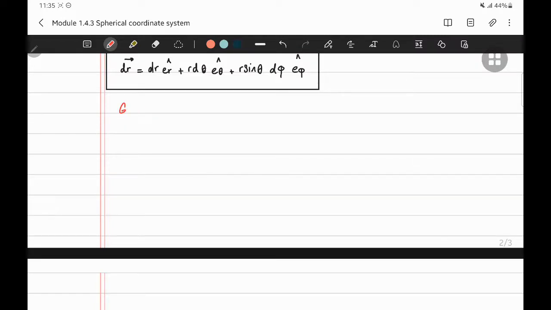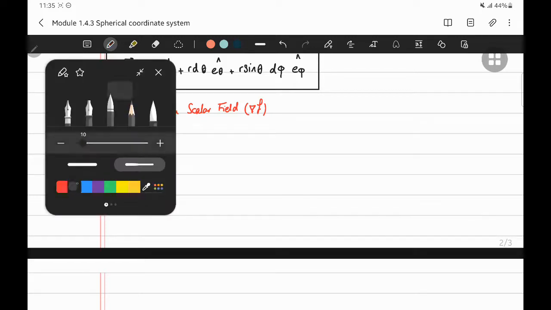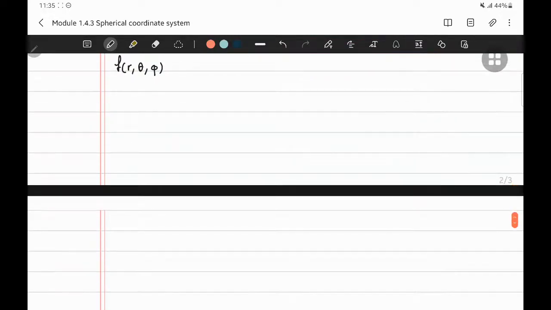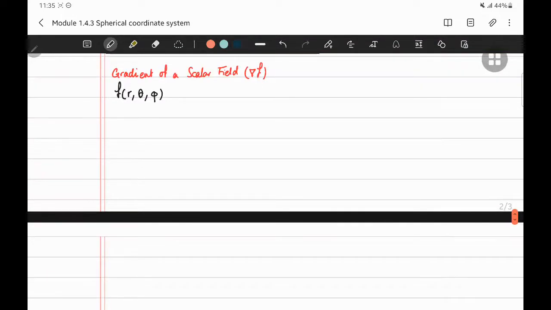So the gradient is del f. And as you know, f is basically a function of r, theta, and phi. So we utilize the same strategy as in our previous sessions for the polar and cylindrical coordinate systems.